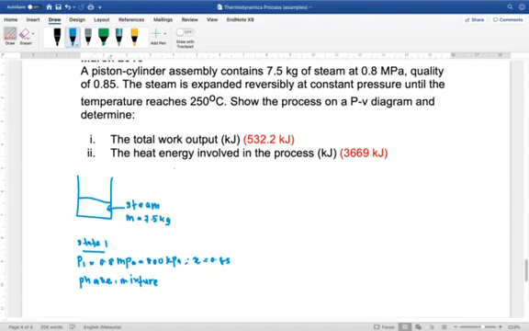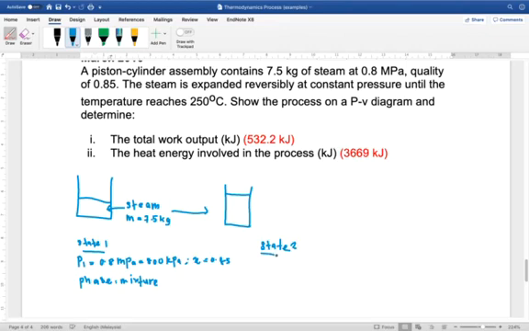The steam expands at a constant pressure. So we draw the piston cylinder device, and the piston is moving up to show that the volume is increased. Okay, and we have state 2.